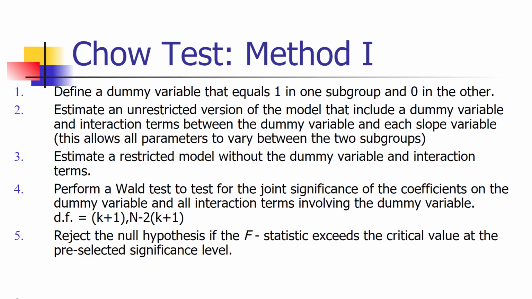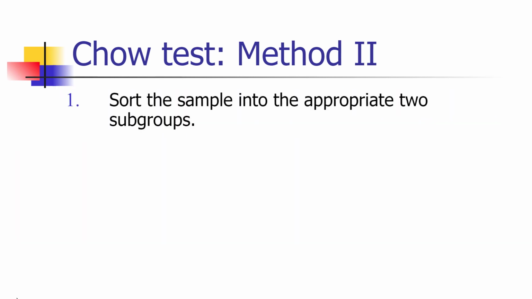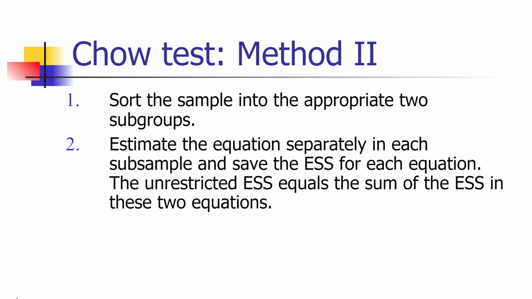Another method, which may seem a little bit easier but will be a little bit less informative, will also give you exactly the same Wald test statistic. And that method involves sorting the sample into the two subgroups corresponding to the values of the dummy variable being 1 or 0, estimating the equation separately in each subsample, and saving the error sum of squares for each of those.